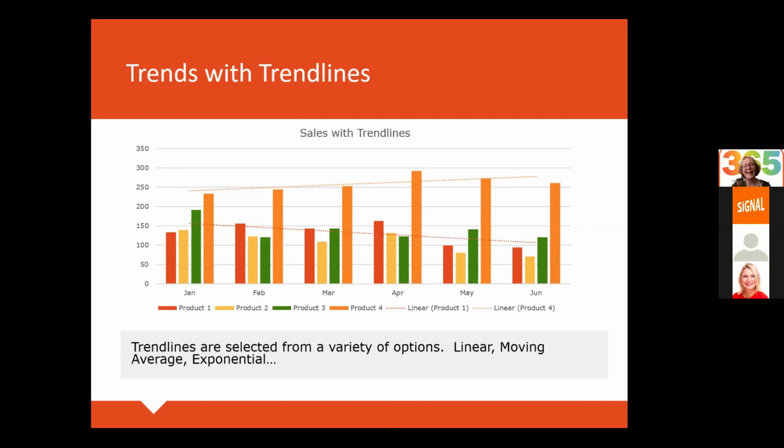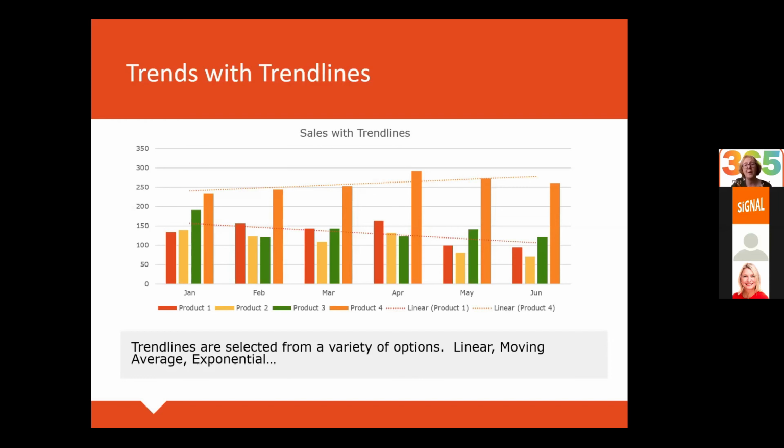But also Excel has a little built-in trend line option that all you need to do is click your mouse and it will show you whether you've got a downward trend or an upward trend. So if I sell 4 products, I've only got an example of 2, I could put 4 trend lines on those products.